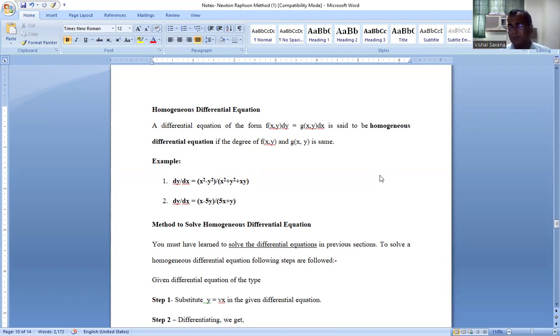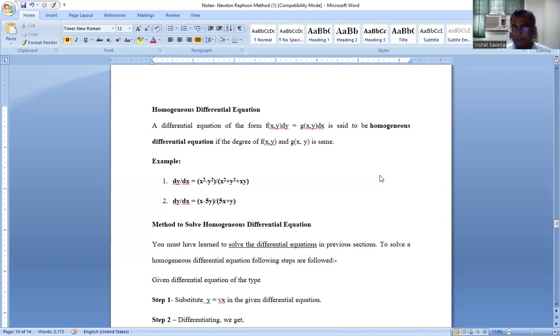The left hand side is a zero degree term, because d is the notation for the derivative operator, so dy by dx has degree 1 minus 1, which is 0.